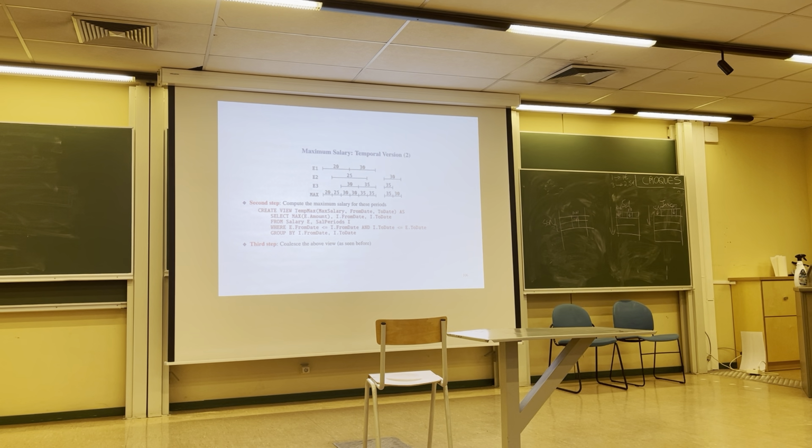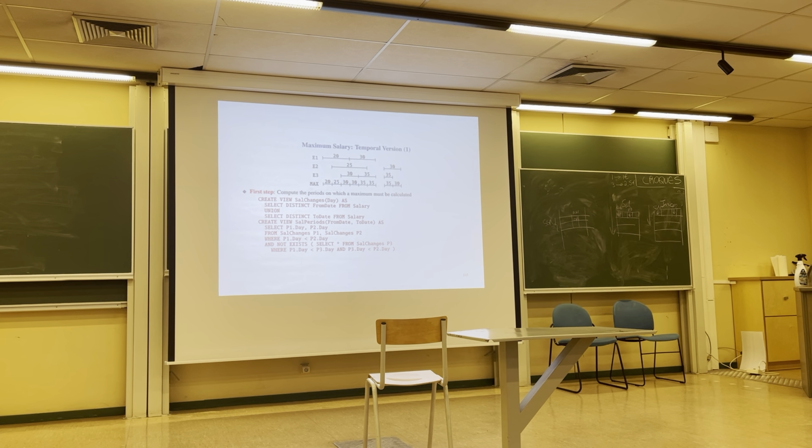Okay for that? Fourth step, coalesce the above view with the temporal projection that we have seen at the beginning, last time. So this is the easiest case for computing the overall temporal maximum.